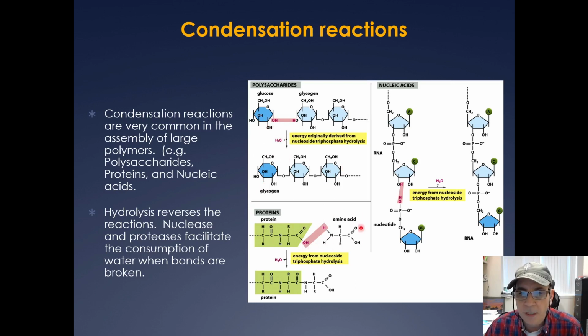So when you add an amino acid to an existing polypeptide, there's a condensation reaction where water is actually removed, and you basically form the peptide bond between the amino terminal end and the carboxy terminal end. And this also happens with nucleic acids when you're adding a nucleotide to either RNA or DNA, and basically you get a condensation reaction where water is released.